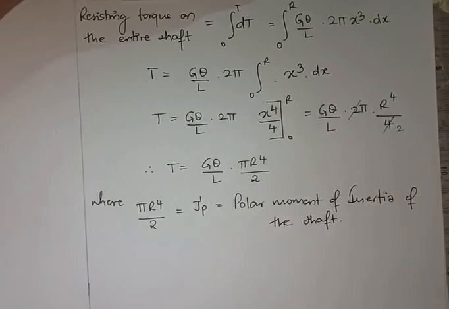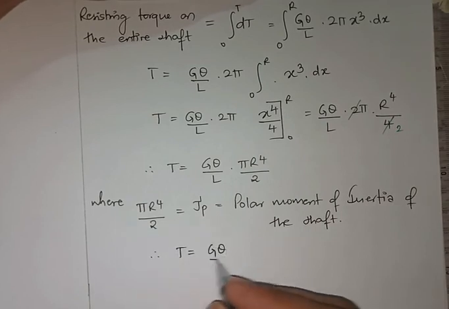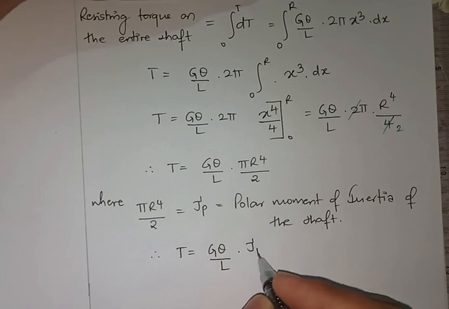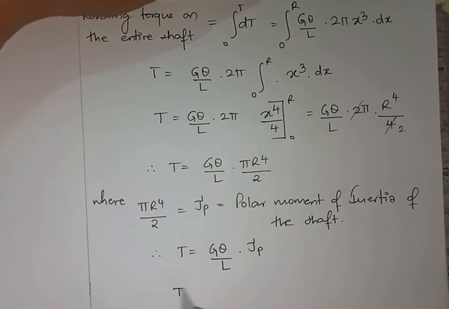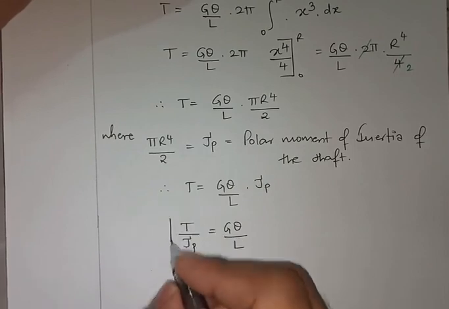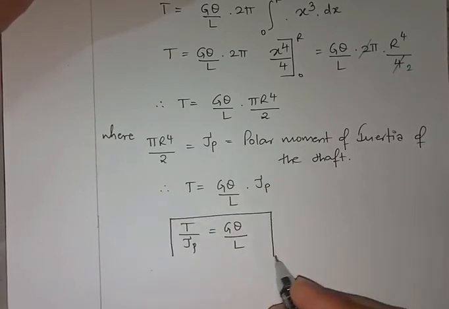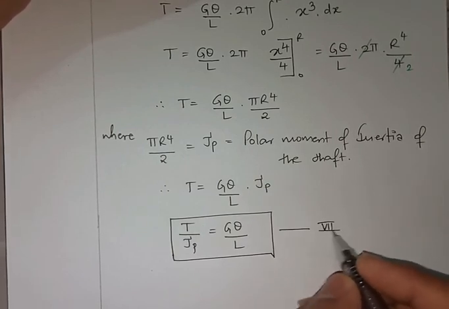Therefore T is equal to G theta by L into Jp, the polar moment of inertia. If I rearrange this, I can write it as T divided by Jp is equal to G theta divided by L. This is once again an important conclusion, which I'll take as equation number 7.